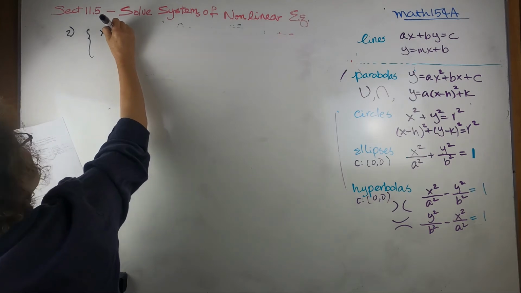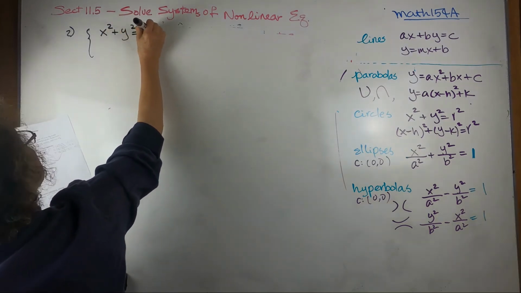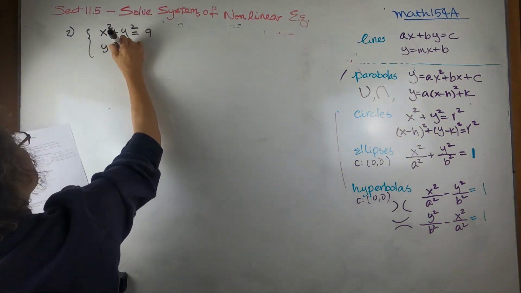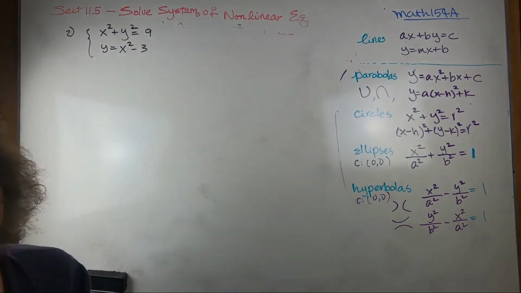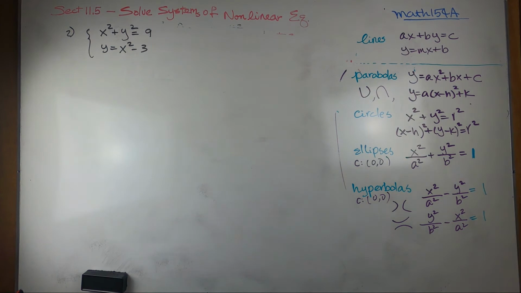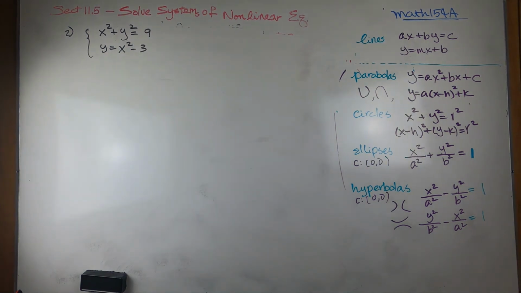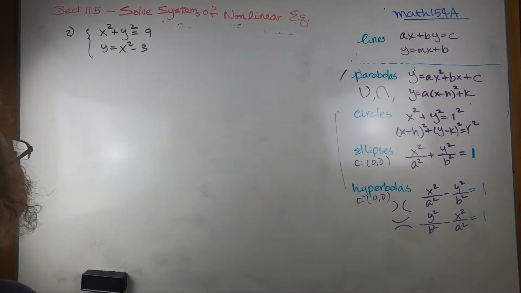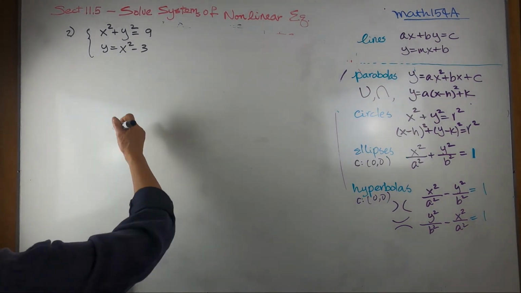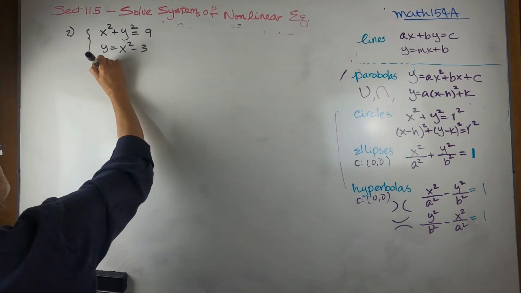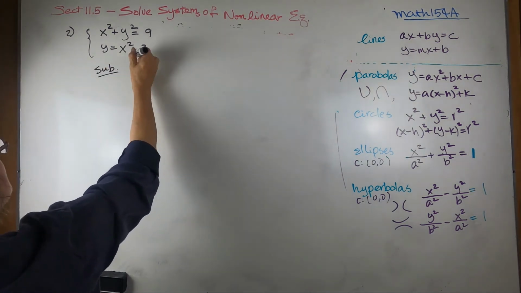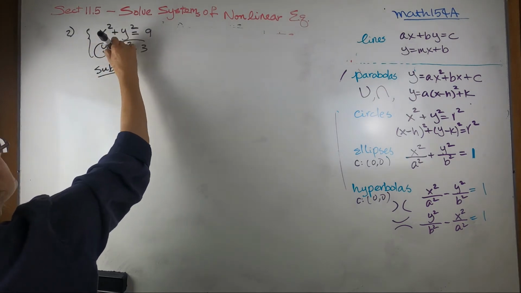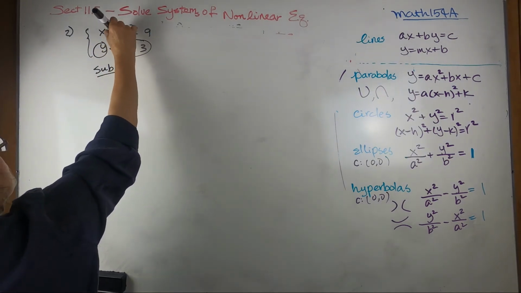So let's look at the second one, y equals x squared plus 3. Then we said you can either use the elimination method or substitution, right? If we use substitution, you say, okay, y is this, then you can plug into the y.